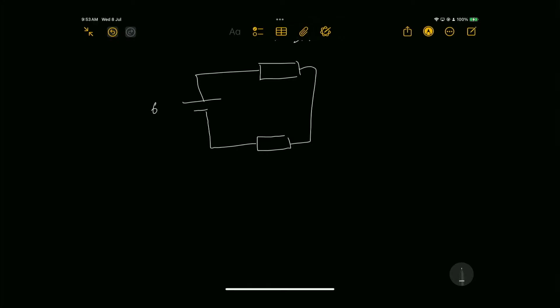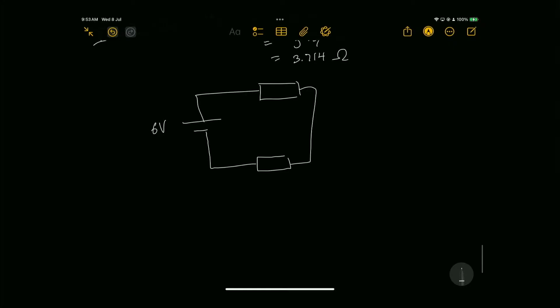So we have a 6 volt power source here, and we are told we measure the potential difference across this resistor.